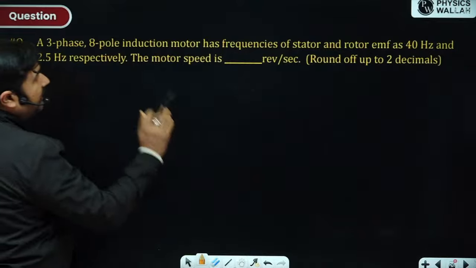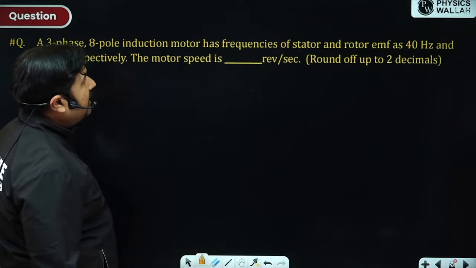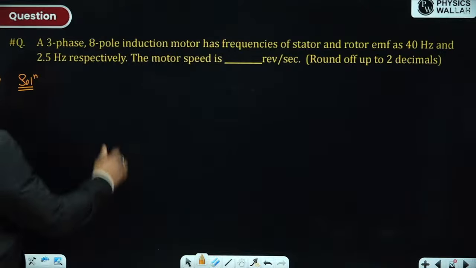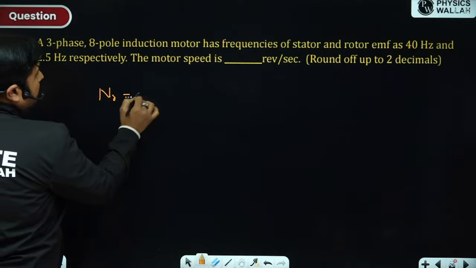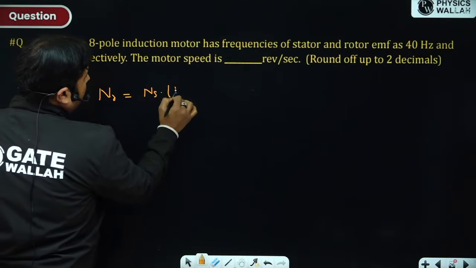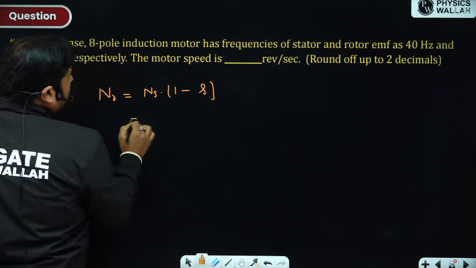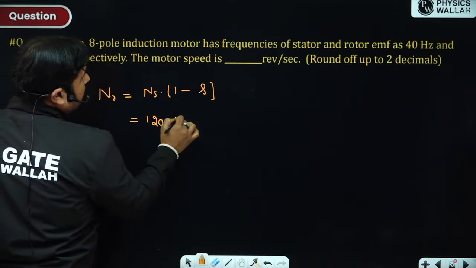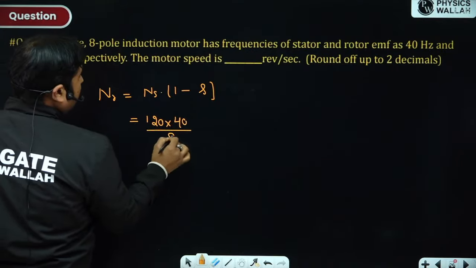A 3-phase 8-pole induction motor has frequencies of stator and rotor EMFs as 40 and 2.5 hertz respectively. The motor speed is N_r = N_s(1 - s), and N_s is 120 f / P. What is the frequency in the stator? Stator is 40 and this machine is of 8 poles.